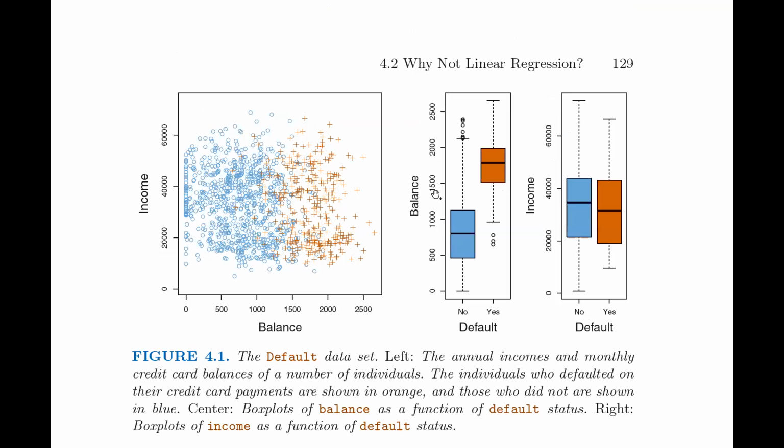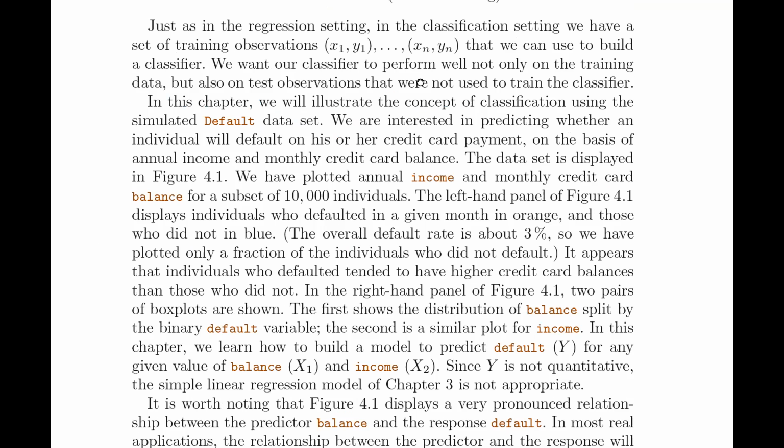What we mean by pronounced is this: what would look like, but we'll have to quantify it, a significant difference between the median balance of those who didn't default against those who did.